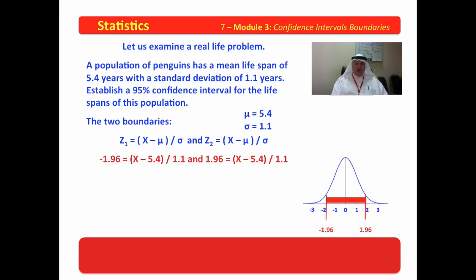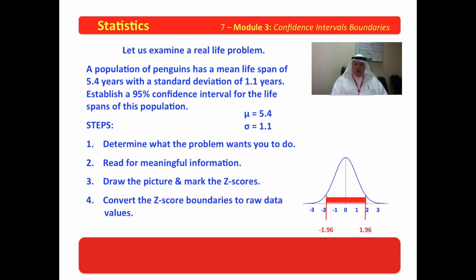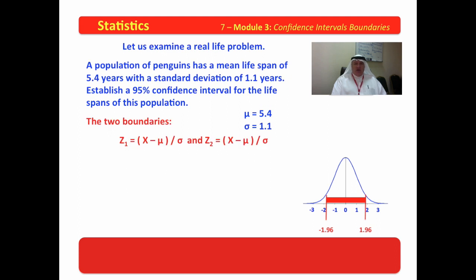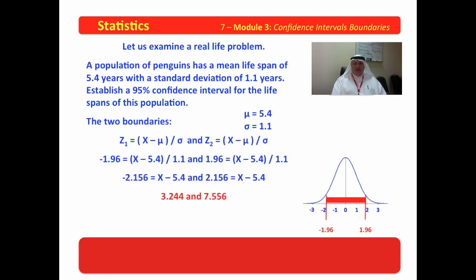Now, that really wasn't very hard. I want you to notice again, all you did, you determined what the problem wanted you to do, you read for meaningful information, you drew the picture and marked the z-scores, and then you converted the z-scores, the boundaries, to raw data values. And we did that by plugging in the values and just doing a little simple algebra, and there we went.